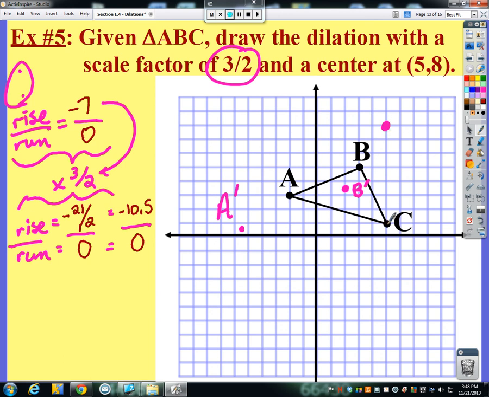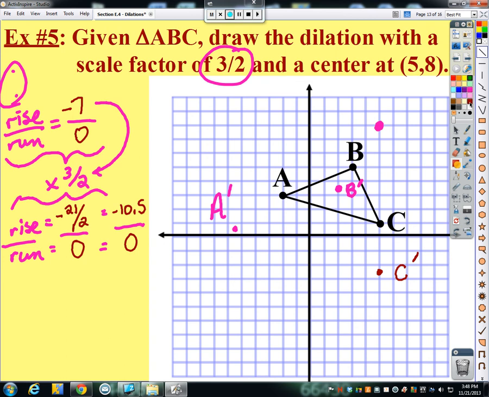Well, here was 7 down to C, so I'm just going to count from here. So here's 7, 8, 9, 10, and then I need to go half. So right there, there's 10.5 below, 10.5 negative from our center, and now I need to move over nothing. So really it's that spot. And there's C prime.